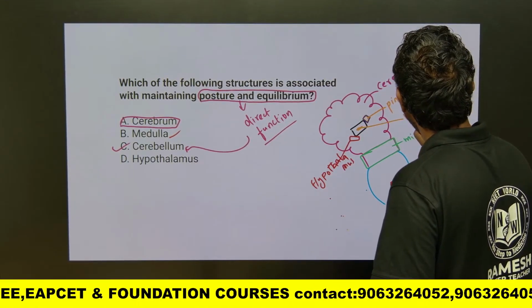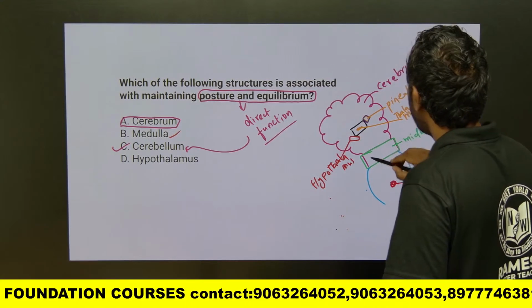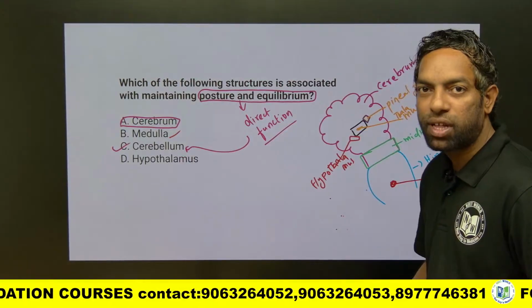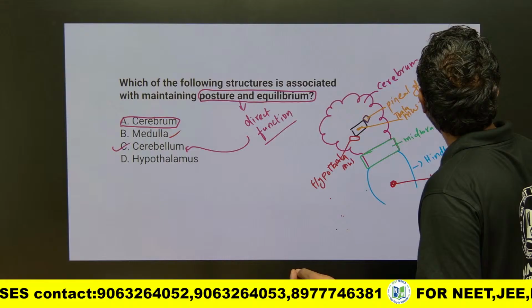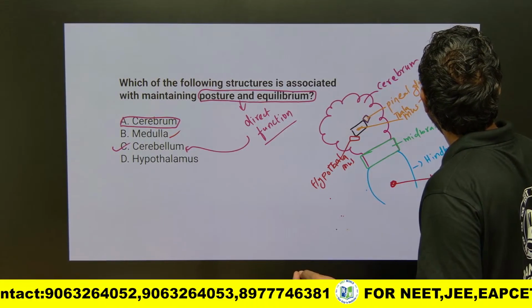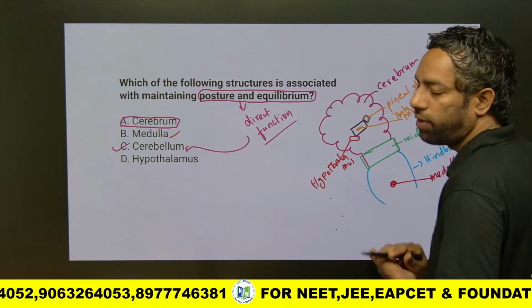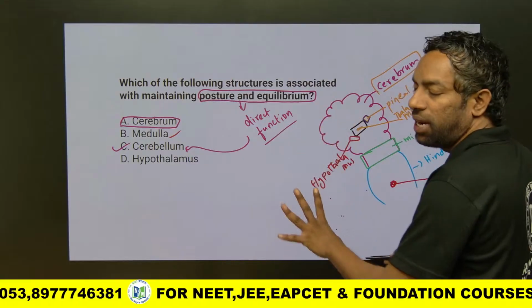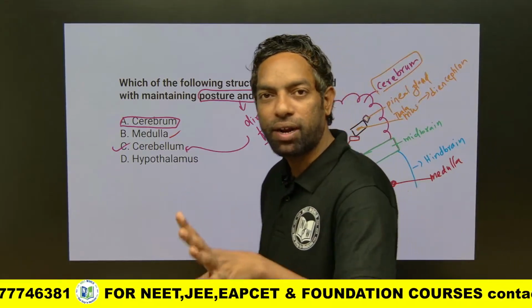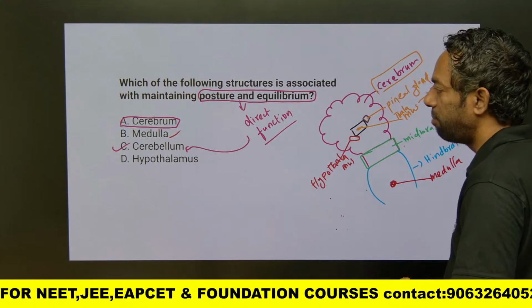Hypothalamus, thalamus and pineal gland together we call the diencephalon. And there is the cerebrum. These two, cerebrum and diencephalon, together we call the forebrain. This is the midbrain, this is the hindbrain.